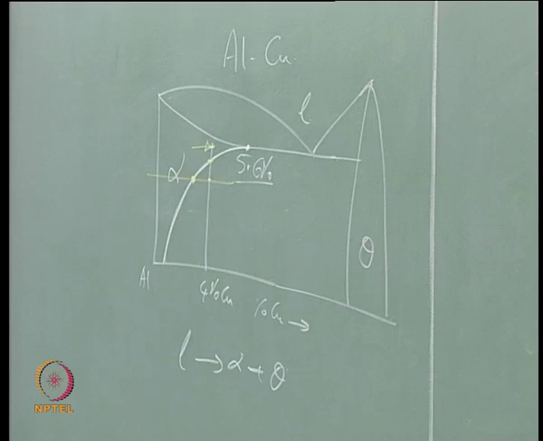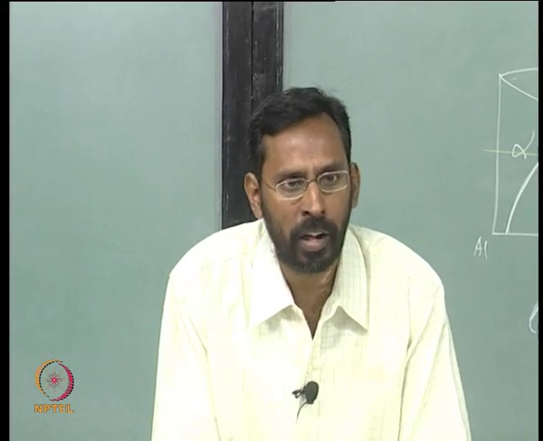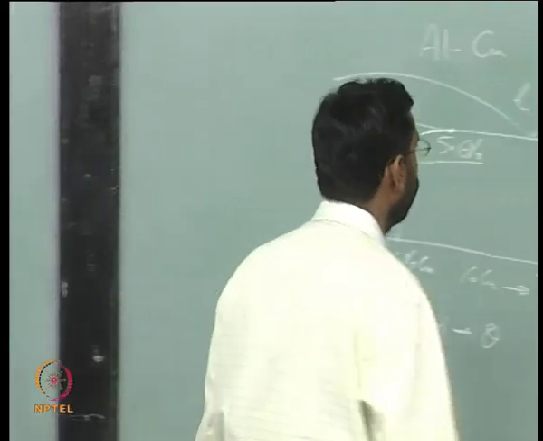That is the whole principle of precipitation. And where does this theta come out? At the grain boundaries.